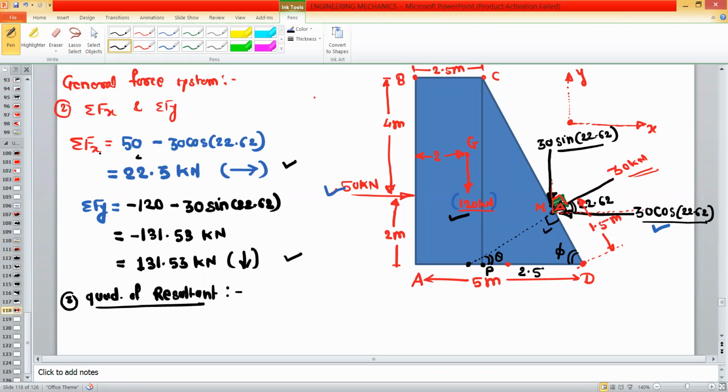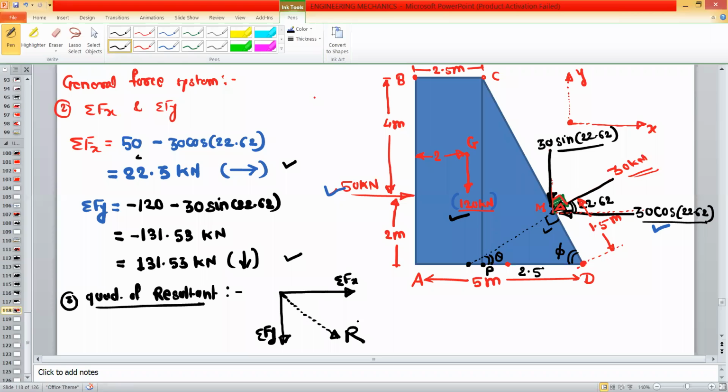So summation Fx is positive 22.3. So this is the direction of summation Fx. Summation Fy is 131.53. Direction is downward. So this is your summation Fy. So resultant, it will lie in the fourth quadrant.